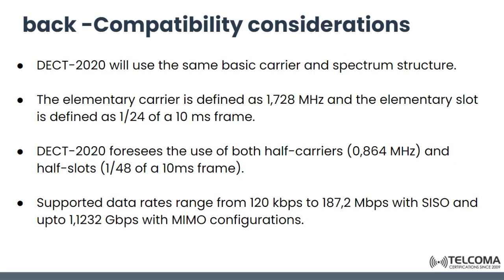DECT 2020 will use the same basic carrier and spectrum structure. The elementary carrier is 1728 kHz and a slot is defined as 1/24 of a 10 millisecond frame. It foresees the use of both half carriers and half slots.